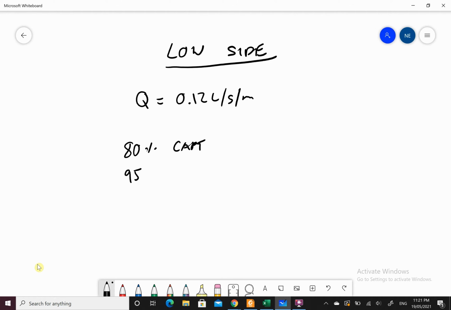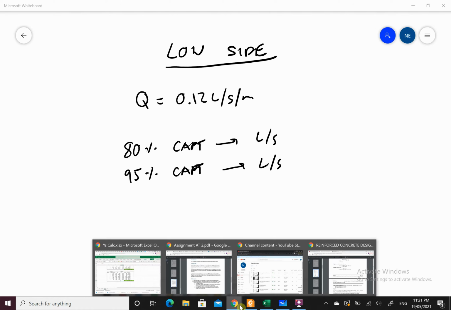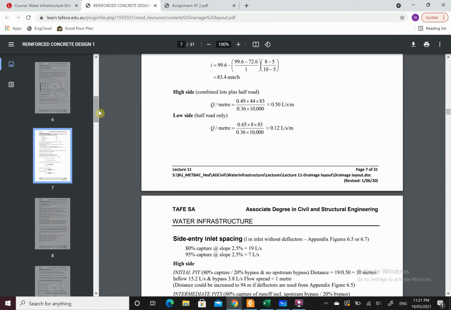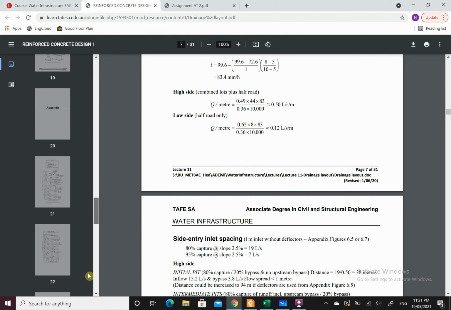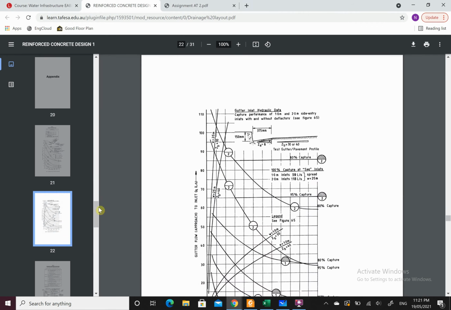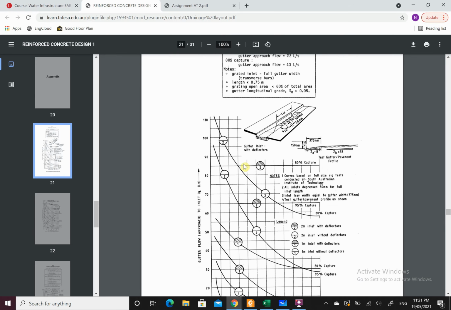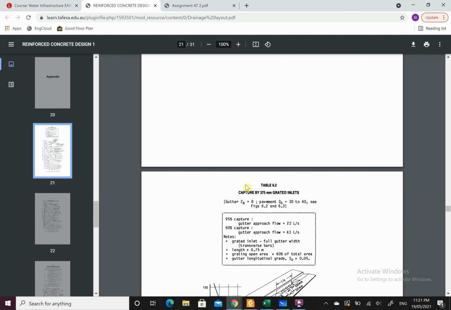Work out for 95% capture. Work out what this is in liters per second. We can calculate this from our appendix. So you can find the correct appendix that you might need to look at. A nice hint over here.